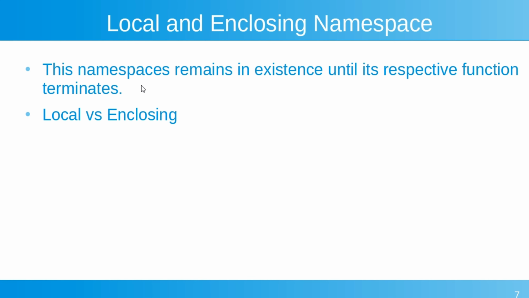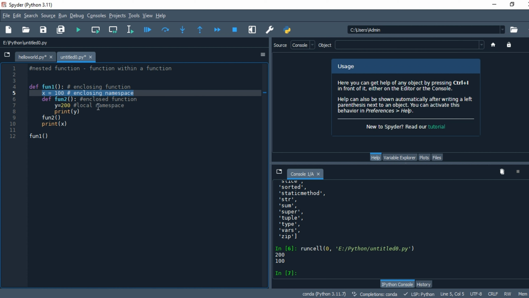Okay. So this namespace exists until the corresponding function terminates. If you call fun1, your control goes here and finally comes out of this block. So this particular namespace of y will exist until this function call; after that it will be deleted, and after printing x, the control comes back to the main program.